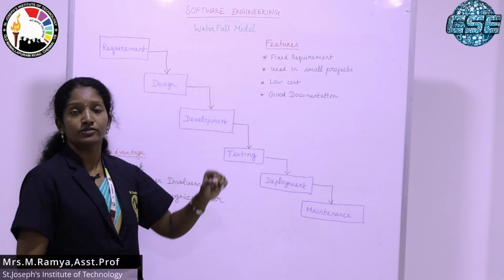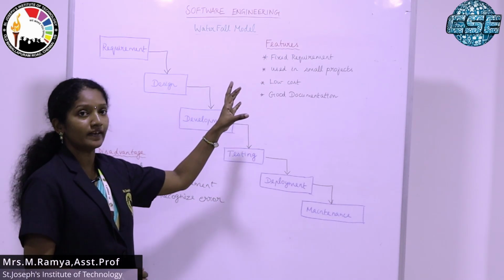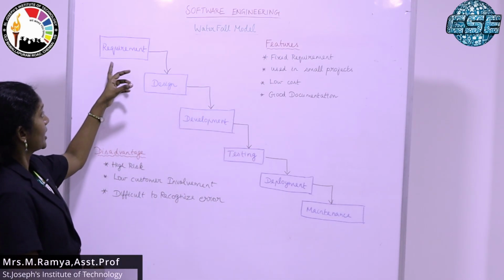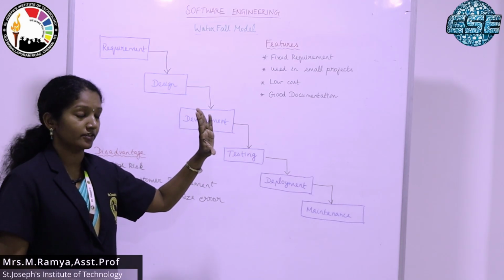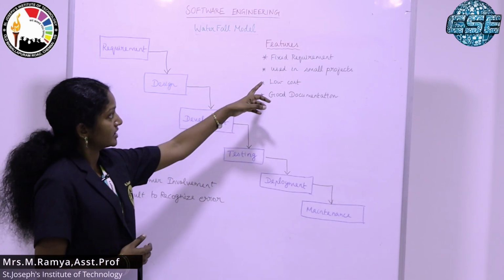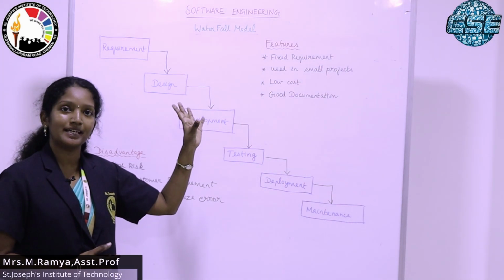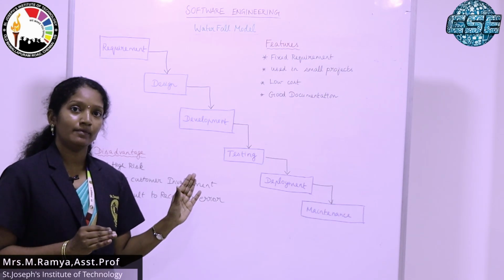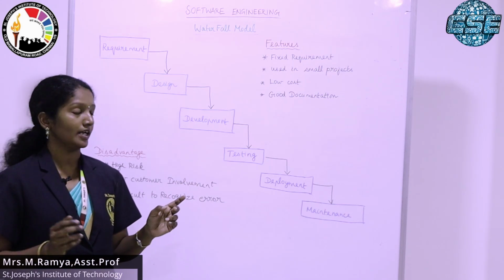Now the waterfall model has some features. The first one is fixed requirements. Whatever requirements are given at the beginning are fixed, and you cannot make any changes to them. Next, it is used in small projects. This is the basic model, so it can be used only in small projects and not in very big projects.